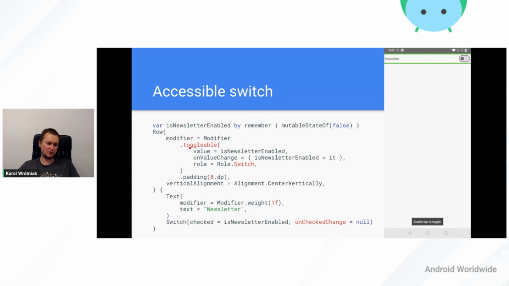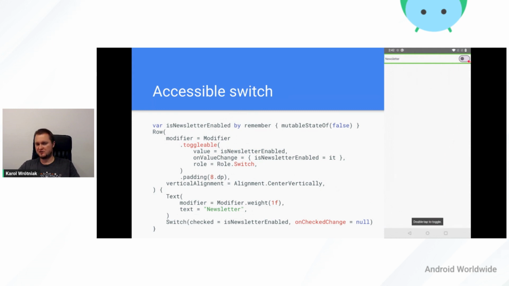Fix is very simple. Just add a toggleable modifier to the row. Remember that it should be toggleable, not clickable if there is a switch. Why? You can see clickable in many tutorials on the internet or Stack Overflow, how to make a switch with label. But clickable will not announce the state, so the user will not know if the switch is enabled or disabled, and it will not announce double tap to toggle, but double tap to activate.